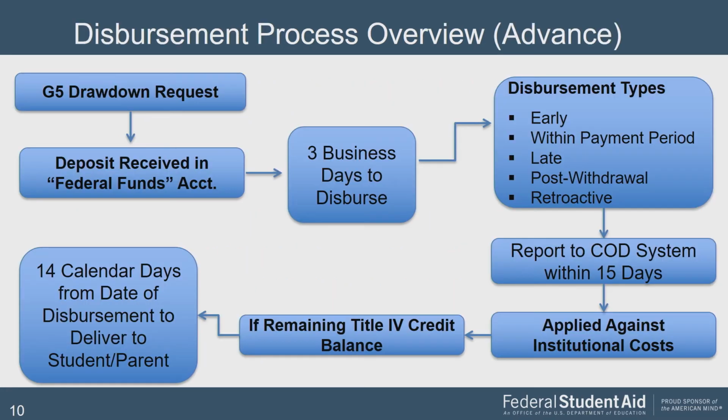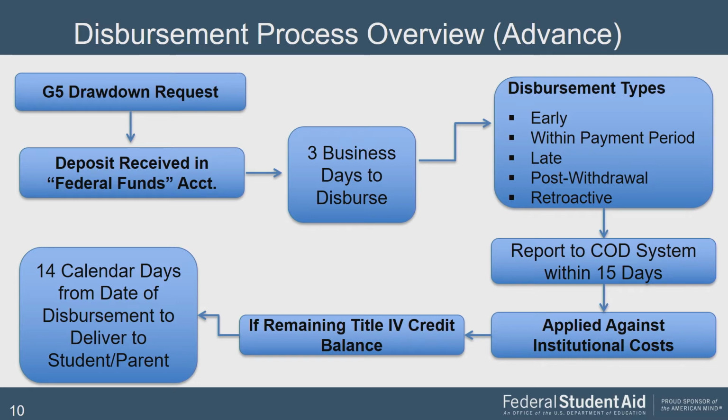We give you an example of the flow chart of how disbursements work under the advance payment system. Once you draw down out of G5, you deposit into the federal funds account. From this point, you have 3 business days to make that disbursement. You go about making those disbursements, and depending on the student's circumstance, it could be early, late, retroactive.